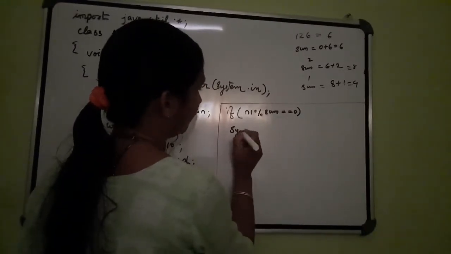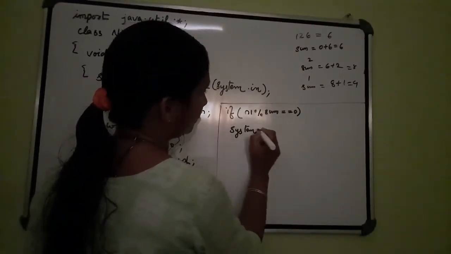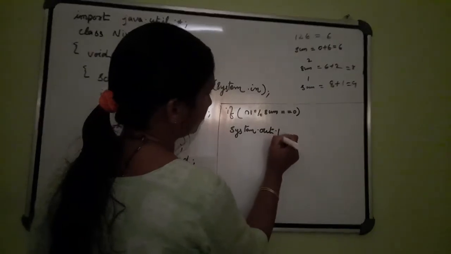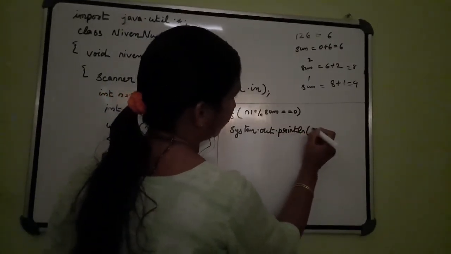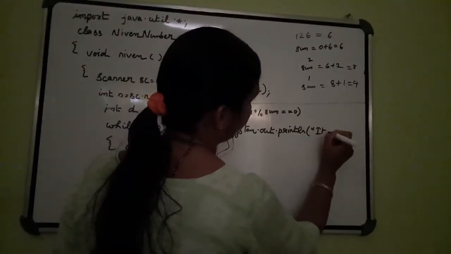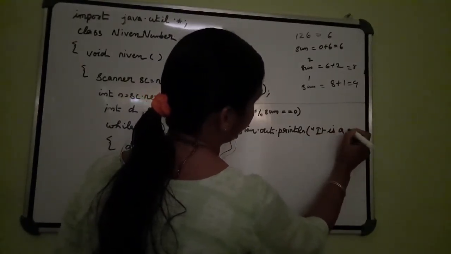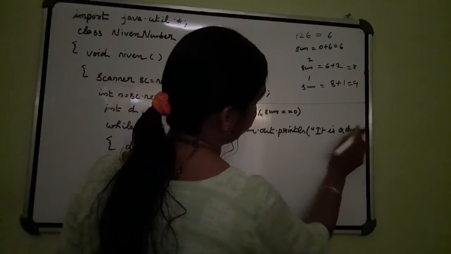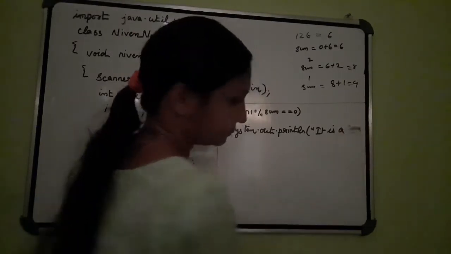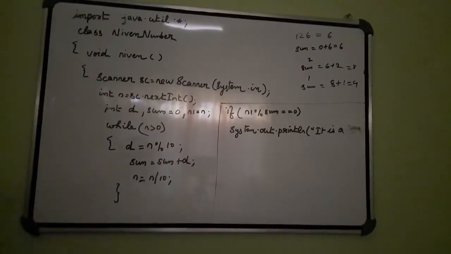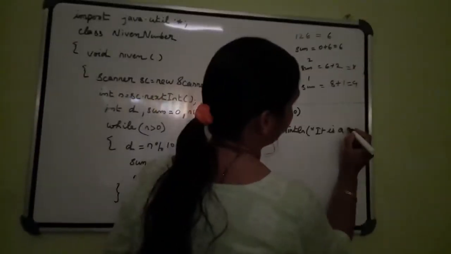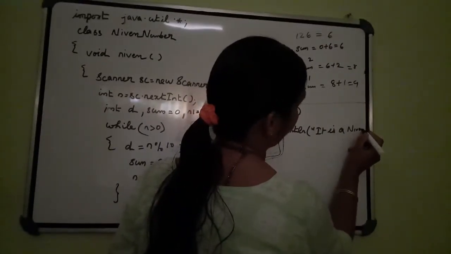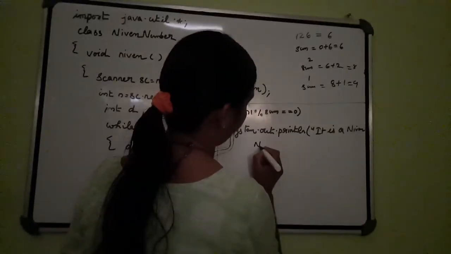Then we can print like this: System.out.println it is an even number.